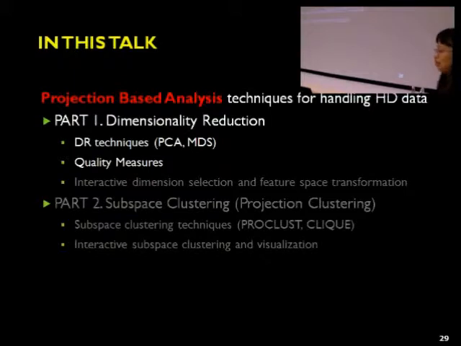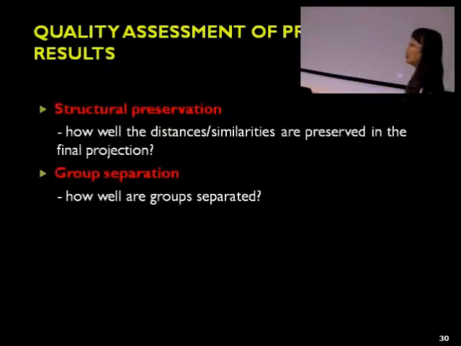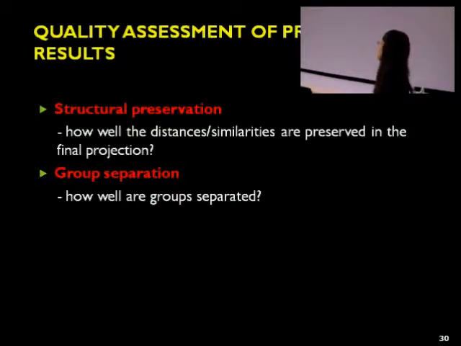So now we have all these algorithms that allow us to do dimensionality reduction, but how do we evaluate the quality of the final projection? Intuitively, we want to look at 2 different types of criteria. The first one is how well the structure of the data is preserved. How well are the pairwise distances maintained in the final projection, or how well is the neighborhood between objects preserved in the final projection.